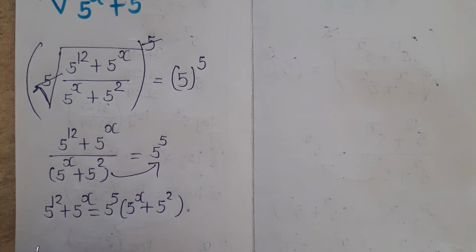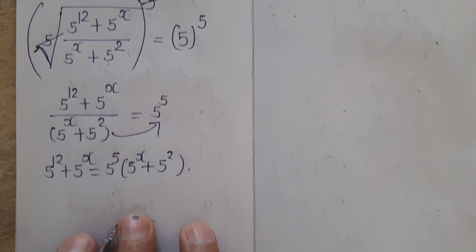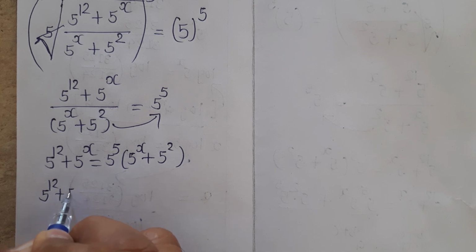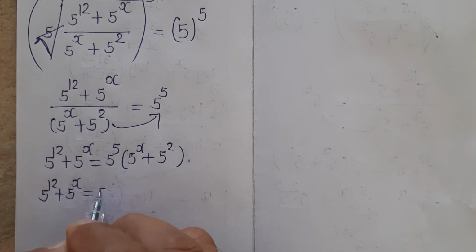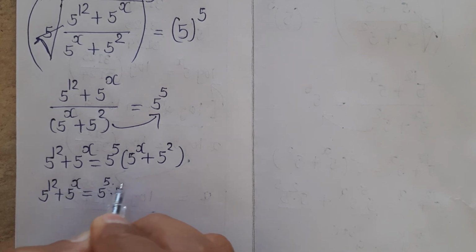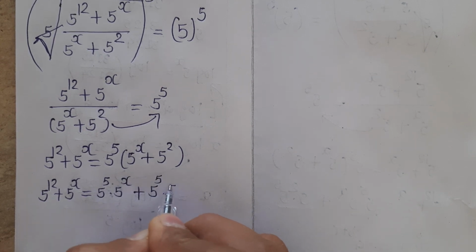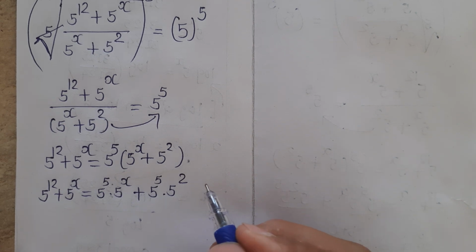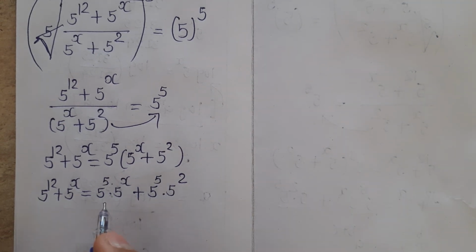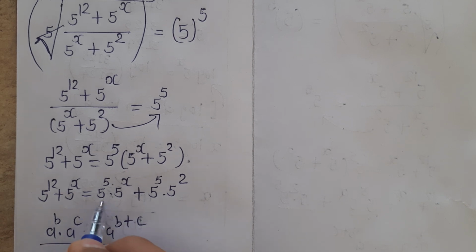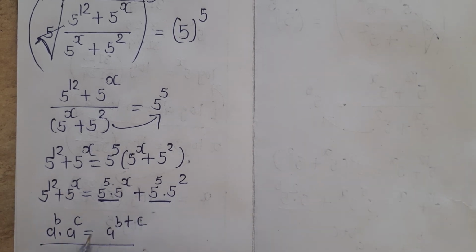Here let's multiply: 5 raised to 12 power plus 5 raised to power of x is equal to 5 raised to 5 into 5 raised to x plus 5 raised to 5 into 5 raised to power of 2. Now we have to apply a formula: a raised to b into a raised to c is a raised to b plus c. This formula we have to apply over here and here.